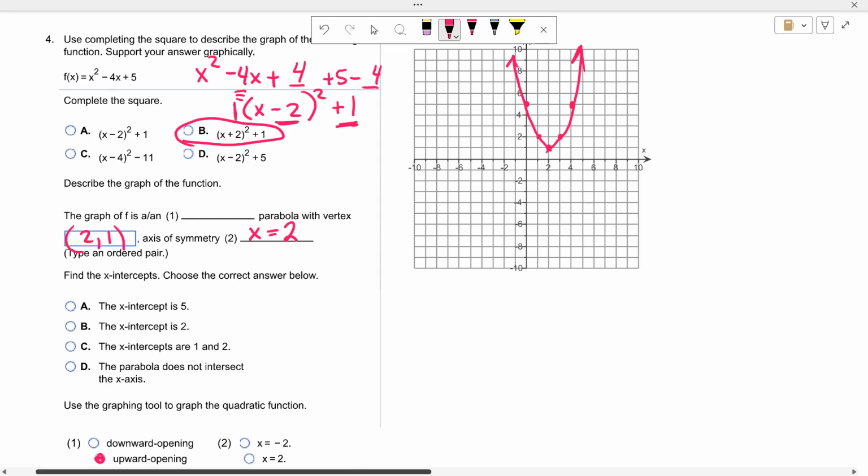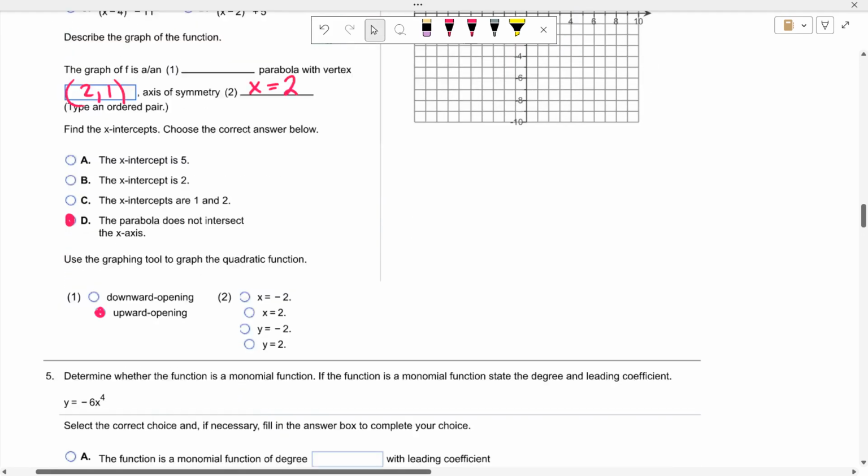Because in a parabola, if the coefficient is 1, you go over 1, up 1, over 2, up 4, over 3, up 9. You just square the number that you're going over. Okay? So, what are the x-intercepts of this parabola? There aren't any, because it opens up and the vertex is above the x-axis, so you'll never have x-intercepts here.